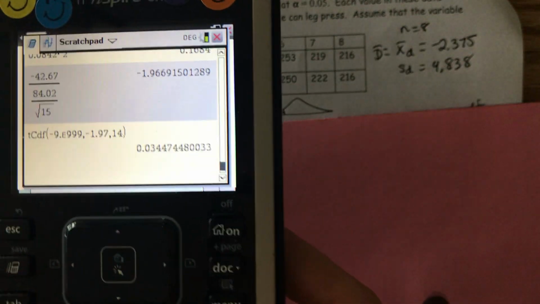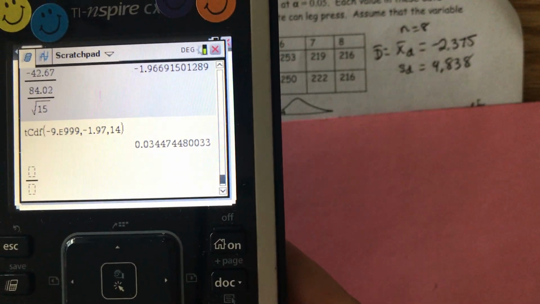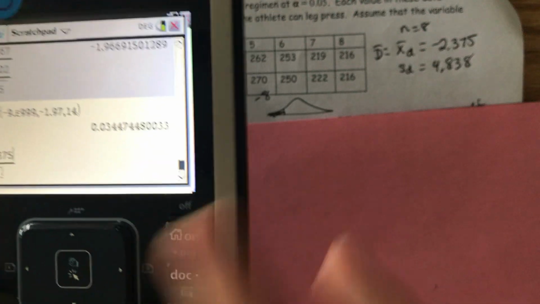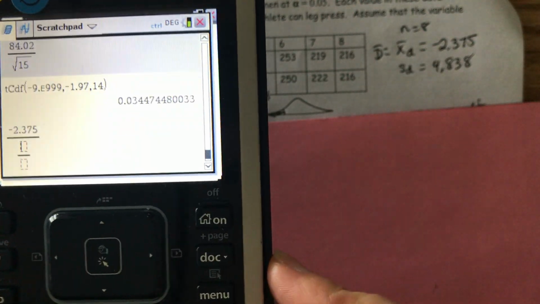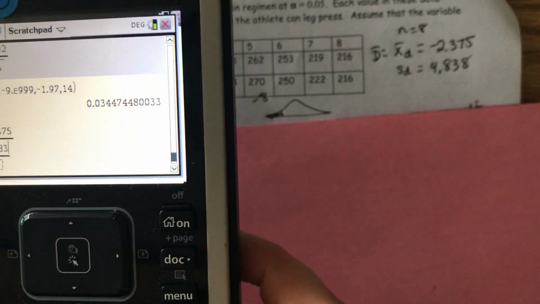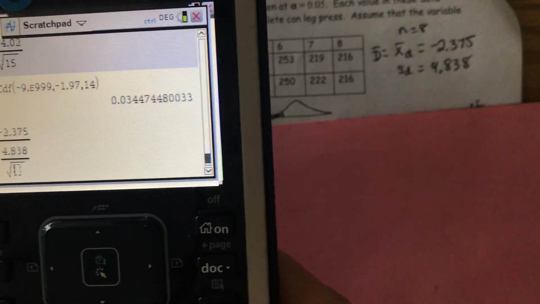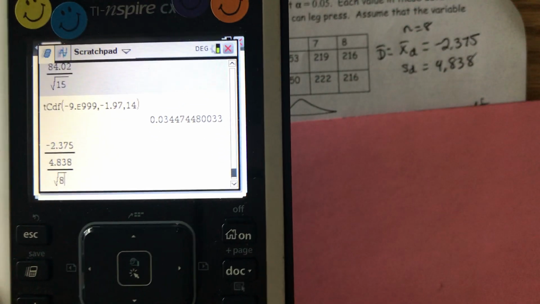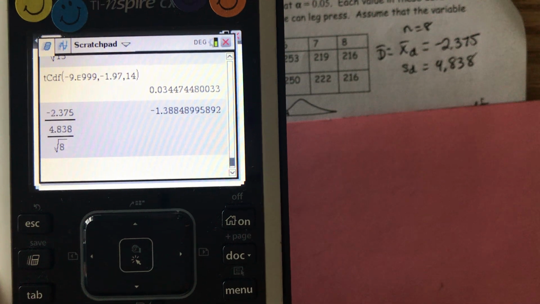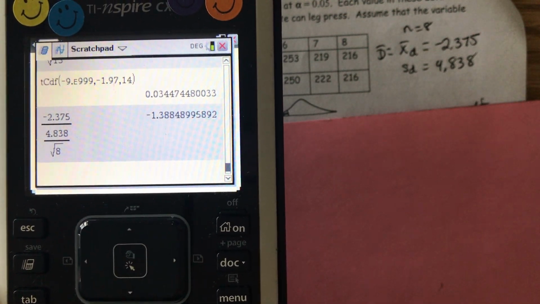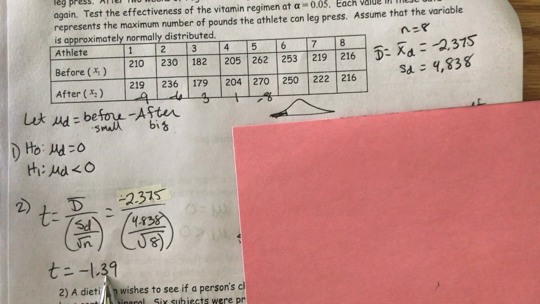So you're going to go back to the calculator page and do a fraction, type in your numerator, -2.375, go down to the denominator, hit the fraction again, and you have 4.838 divided by the square root of 8, and you get -1.39, which is my t here.